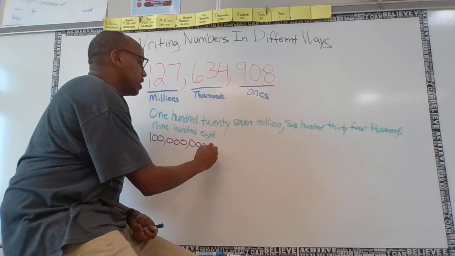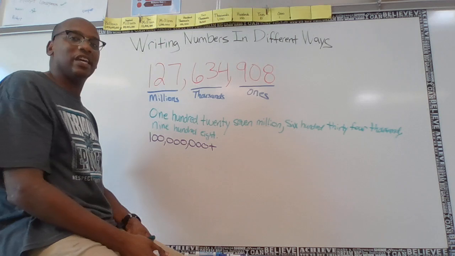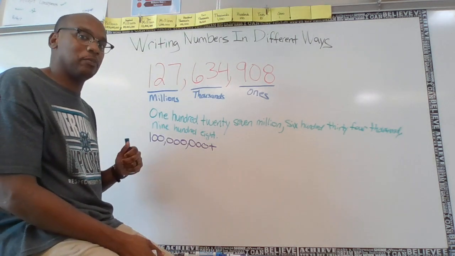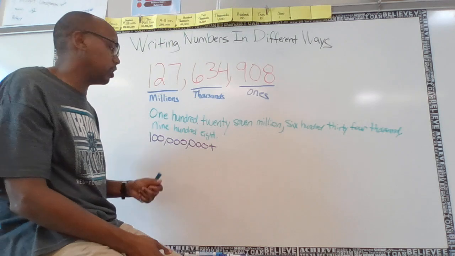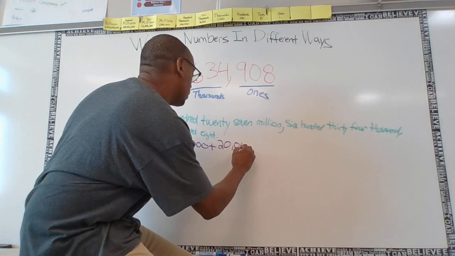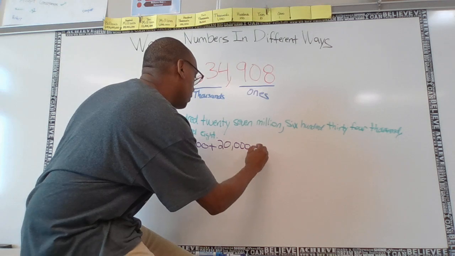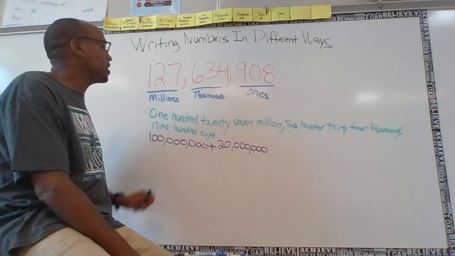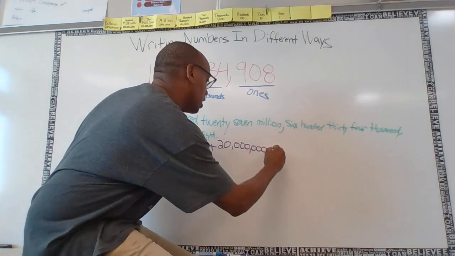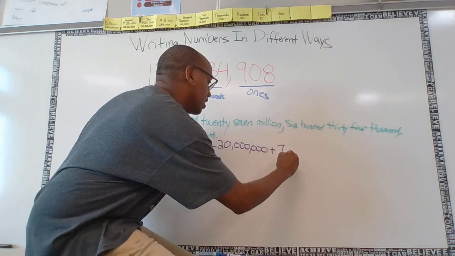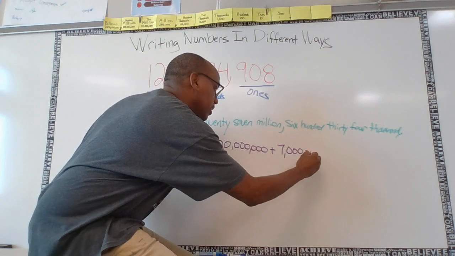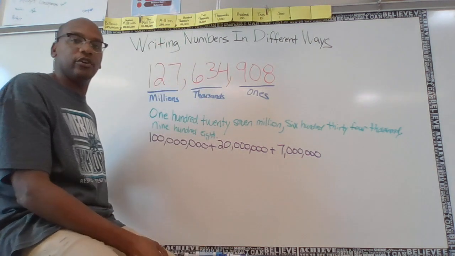Plus the value of the 2 is 20 million, because the 2 is in the 10 million spot. Then the 7 is in the 1 millions place, so that's plus 7 million, because 7 in the 1 millions place is worth 7 million.